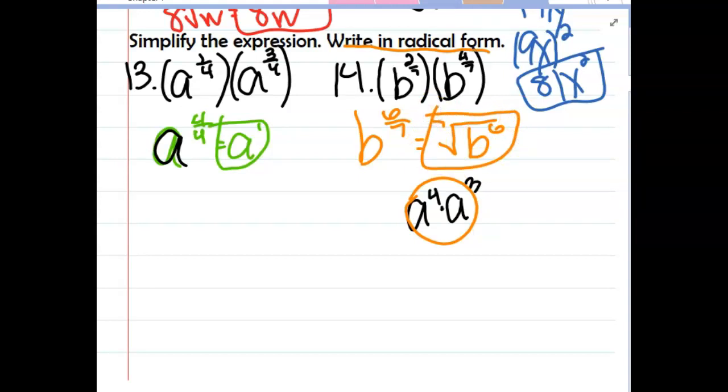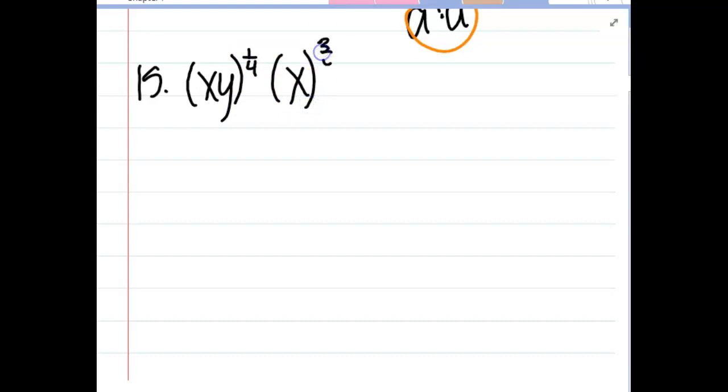Okay, last one. Number 15. All right, in parentheses, x, y to the 1/4, and then x to the 3/4. Okay, keep in mind these exponent rules.